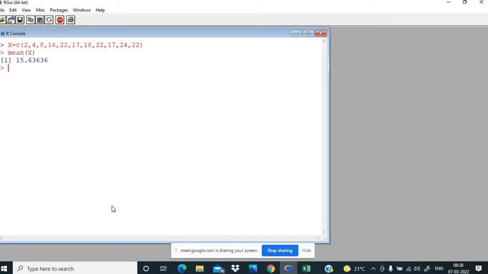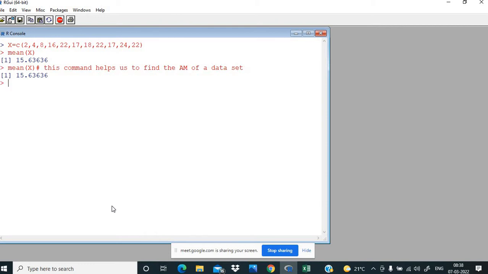Now suppose I want the mean of X, and I also want to keep a description in this command, so that later on I can understand what this command is used for. So I can use this particular symbol, the hash. Anything you write beyond the hash is not considered; the command terminates before the hash symbol. So I may write here: this command helps us to find the arithmetic mean of a data set.